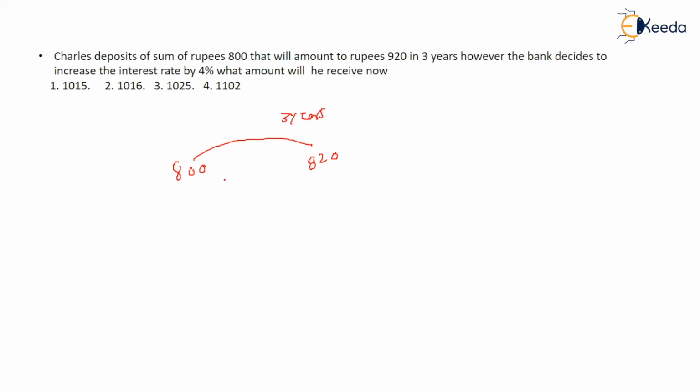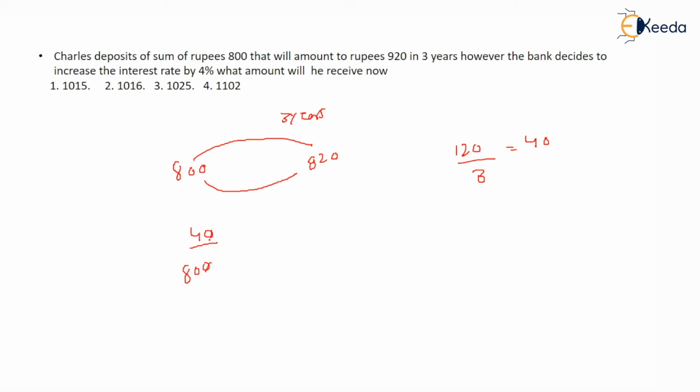In 3 years it increased by 120, so in 1 year it is increasing by 40 rupees, on 800.